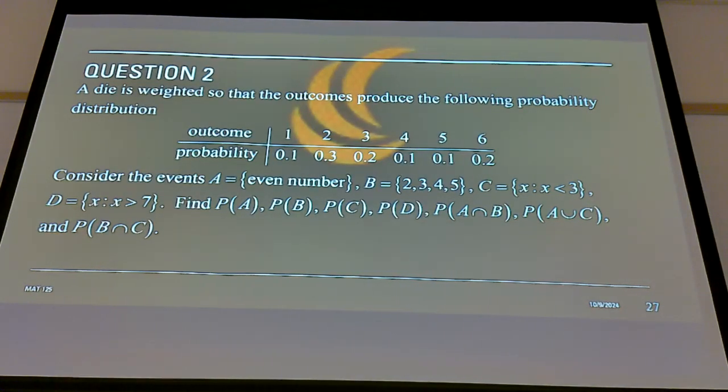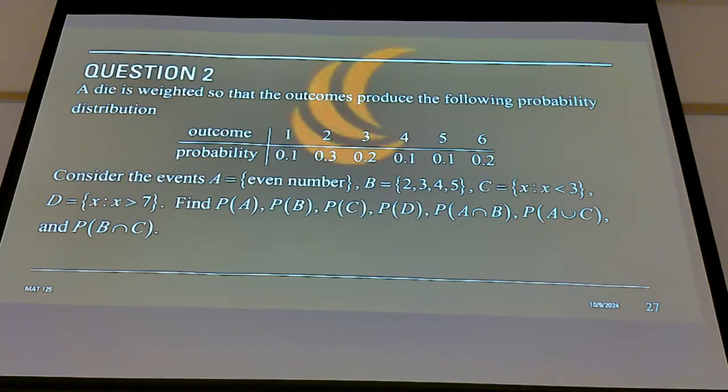We have a weighted die. This weighted die gives us this probability distribution. Consider 4 events. A is an even number.